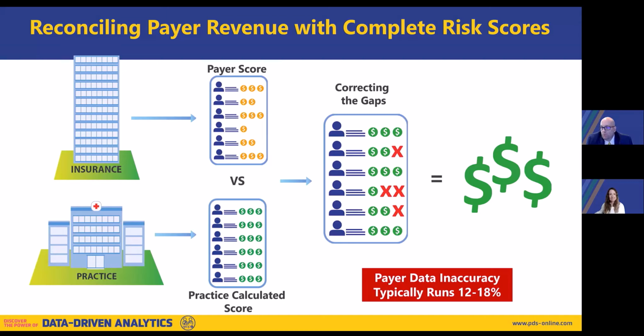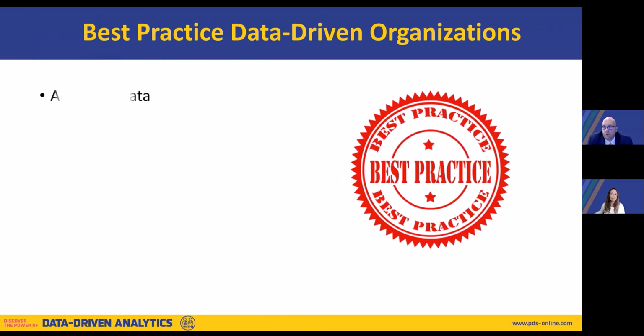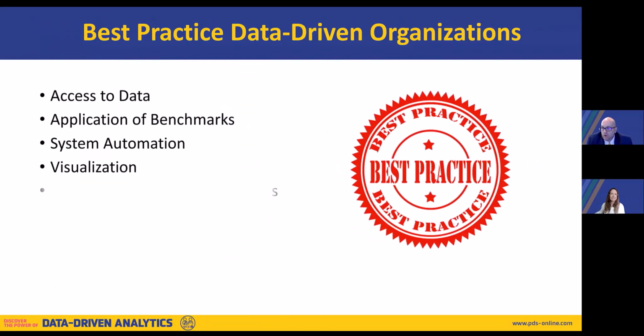And if we have the right information from what we know is going on, we can help to overcome those fail points between where we're submitting the claims and what the payers are receiving. And we can help to reconcile that data, and that's going to be a financial benefit to the practice as well. But in order to do all of this, we're going to need to really incorporate some data-driven principles.